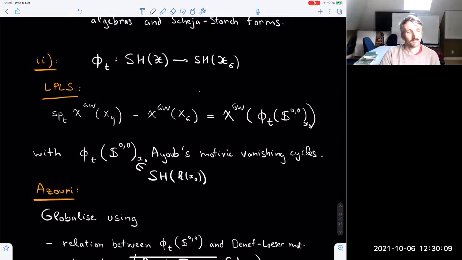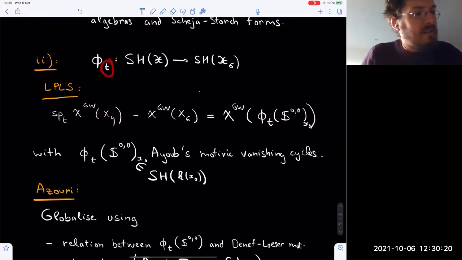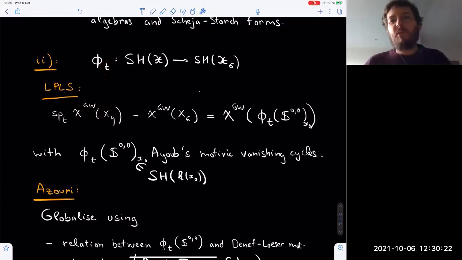Okay. And so it's applied to just the unit on X. Great. Thank you. I should stress that here it's important that the construction of Ayoub does depend on t, and indeed you really see it because it gives different forms, different Euler characteristics.